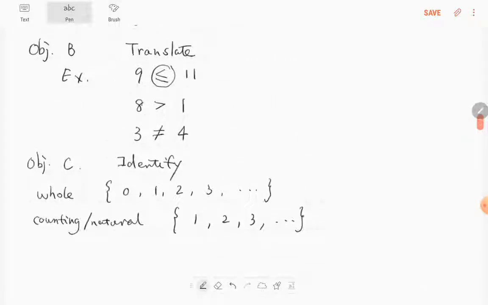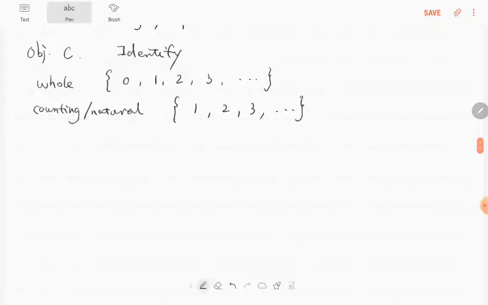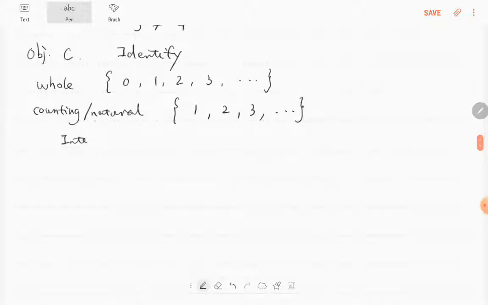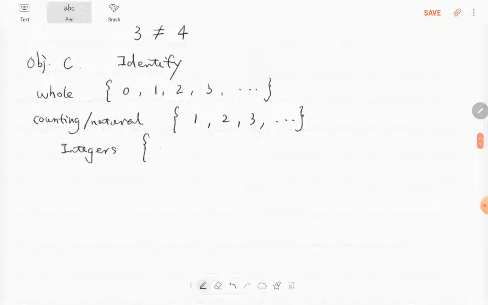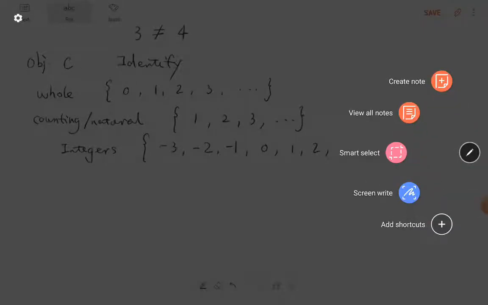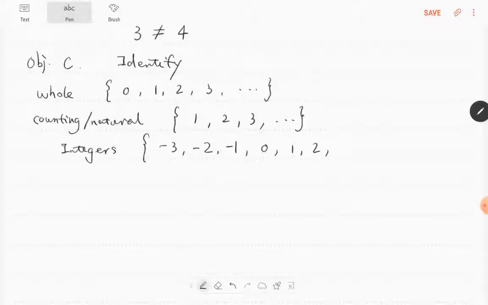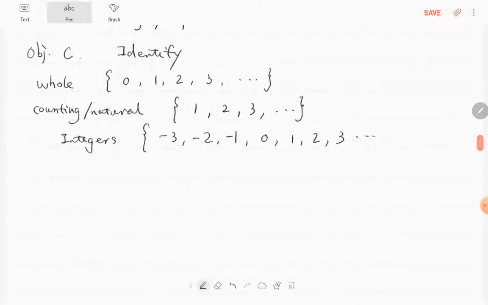But here we should learn something new. We call it integers. Integers can be smaller than 0, can be less than 0, which means integers can be negative numbers. So it's possible to have -3 or -2, -1, 0, 1, 2, 3, and so on.